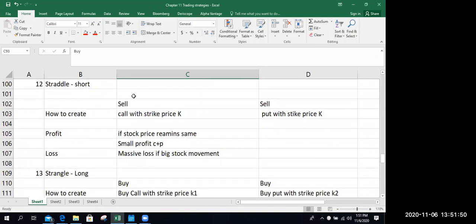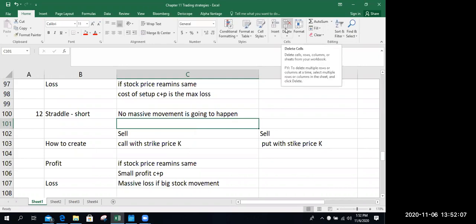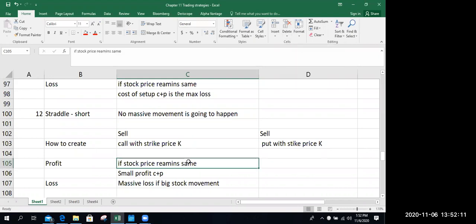Now, what is a short straddle? You generally do this strategy when you think no massive movement is going to happen. So certain stocks like Coke, right? They don't move much. So in that case, you can do a short straddle.